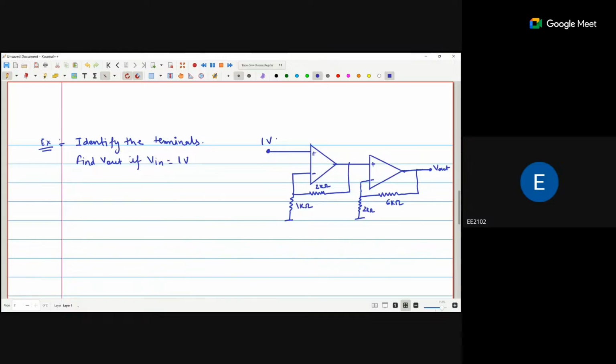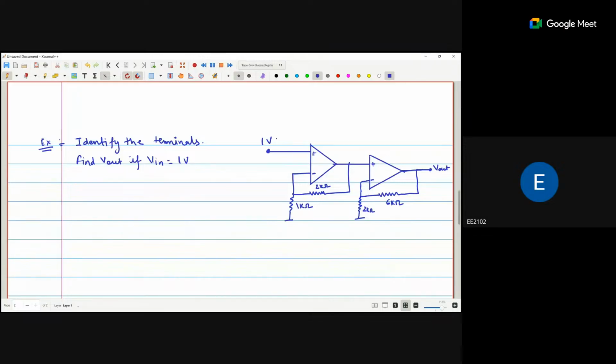Yeah, everyone, please. Is this correct or not? Yes. Okay. So basically, there is no effect of this second operation amplifier. And the individual operation amplifier will be negative feedback. And what is the output voltage? So 12 volt.